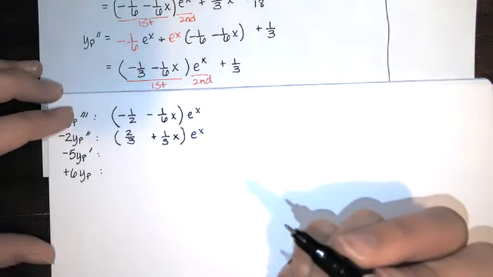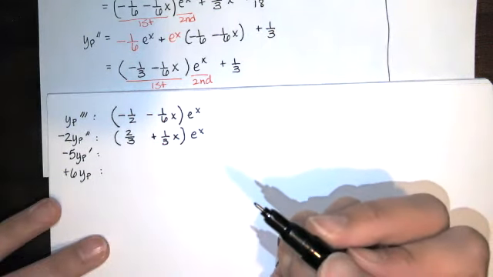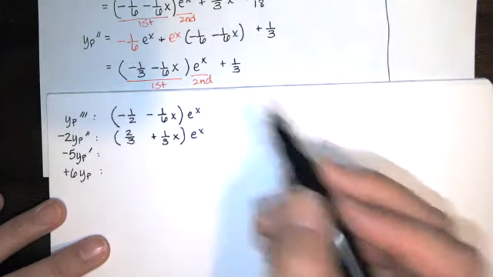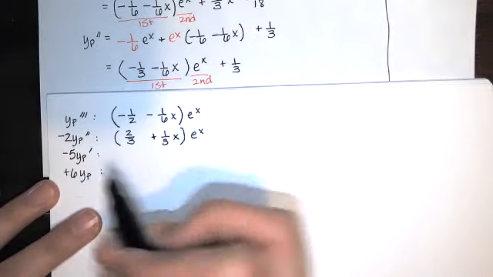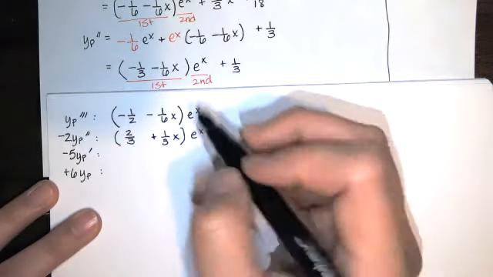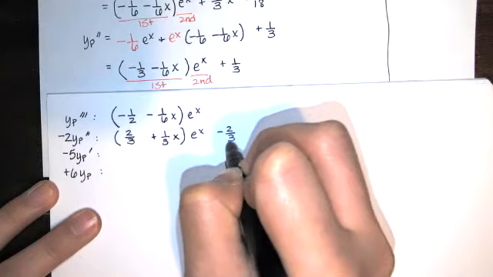Maybe I shouldn't simplify. Maybe it'll be easier to do the arithmetic if I don't simplify. I think I will. Well, we'll see. I'll keep simplifying as we go. And then we have -2 times that 1/3 there is going to give me a -2/3.